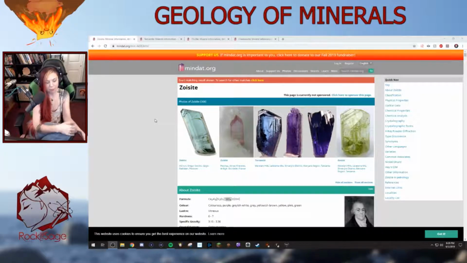Now, I've had other people come in here and say, hey, but that's toughness. No. Toughness is actually different in materials science. In geology, hardness is the ease to which a mineral is scratched. And in this case, it's on the scale of 1 to 10, 1 being the softest, 10 being the hardest. 10 is diamond, 1 is talc.